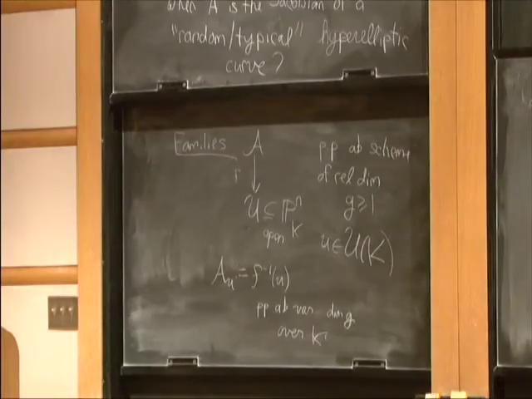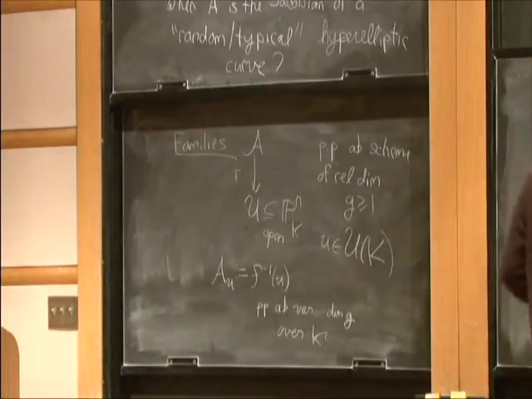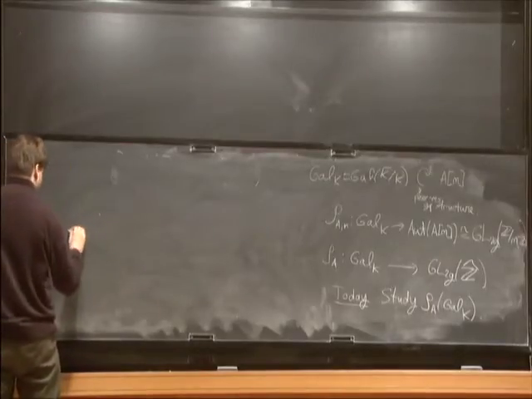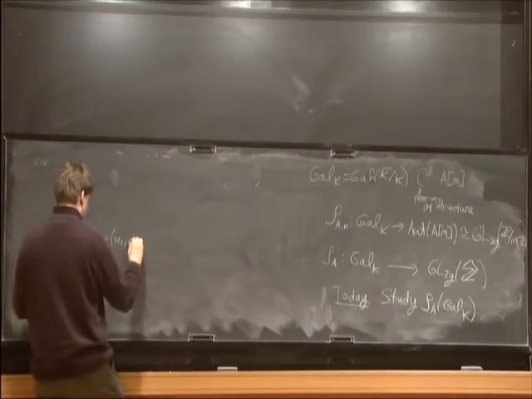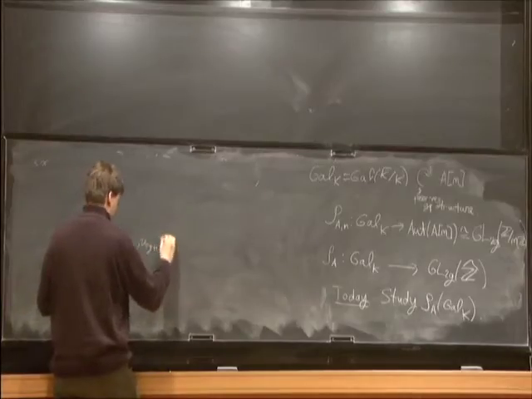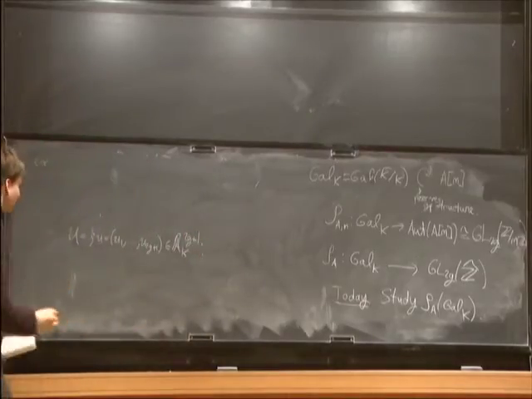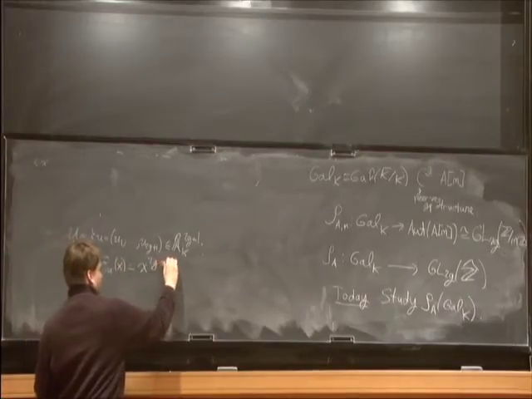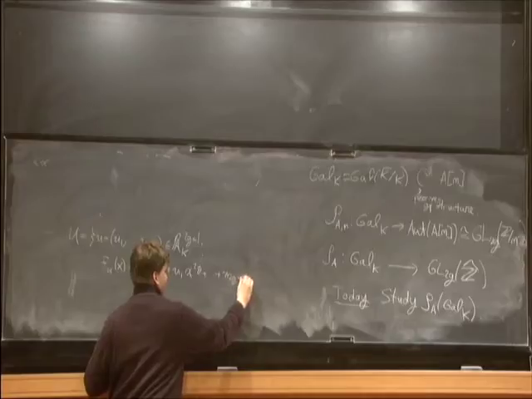So let's do a really easy example. A very easy example would be we could consider U just to be, let's say, G plus 1 tuples subject to the constraint that the corresponding polynomial is separable.